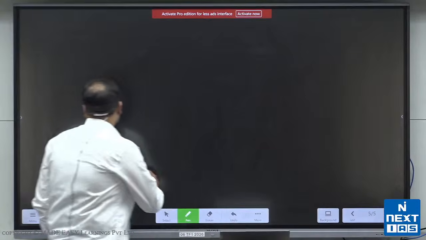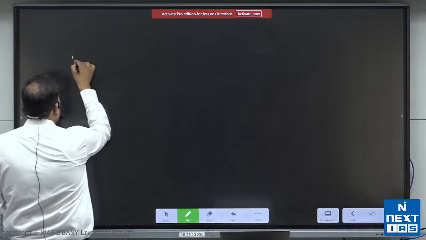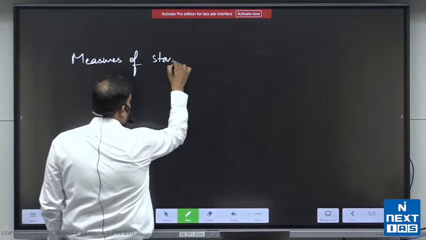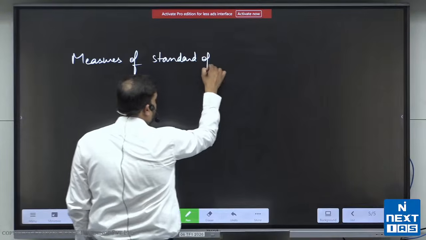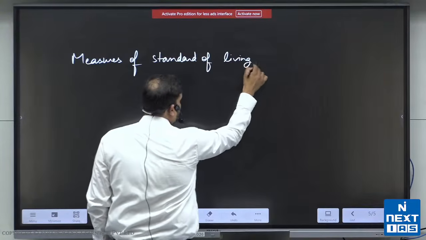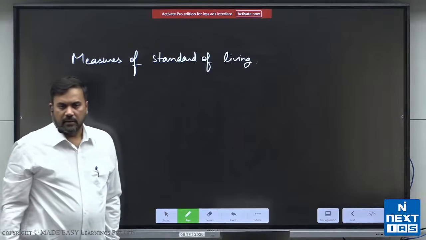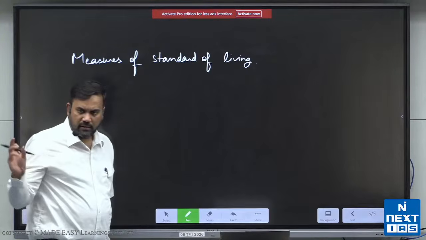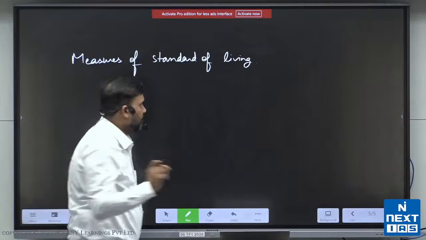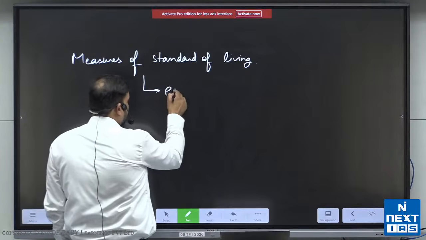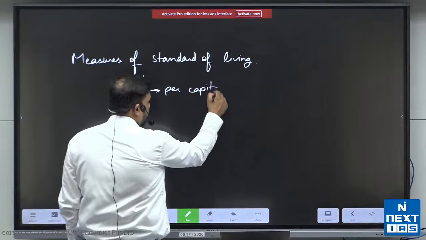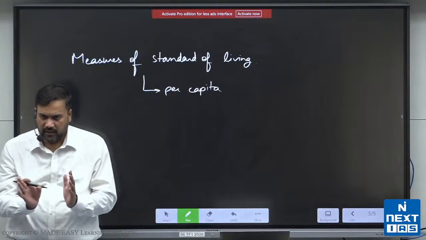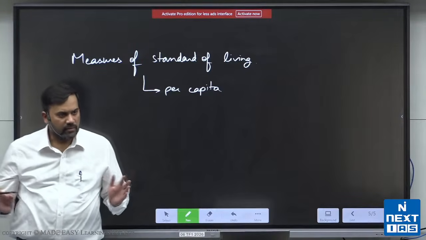Again, you can understand that there are two variables, population and resource, and on the basis of that we can calculate per capita resource availability, or in simple words, standard of living.